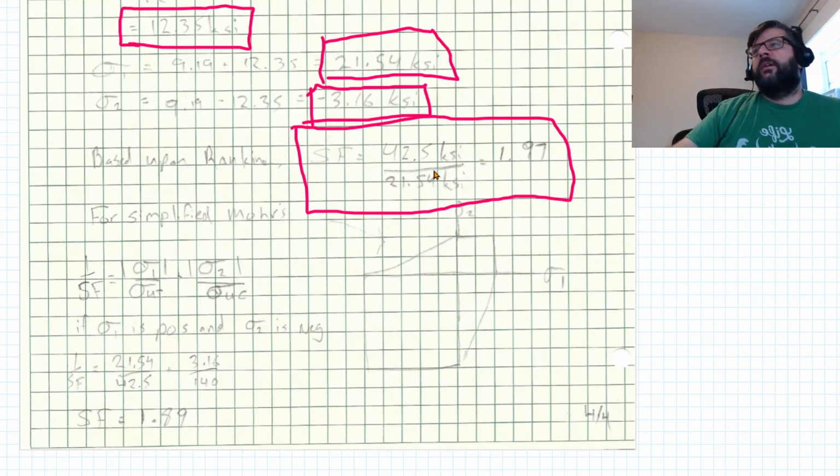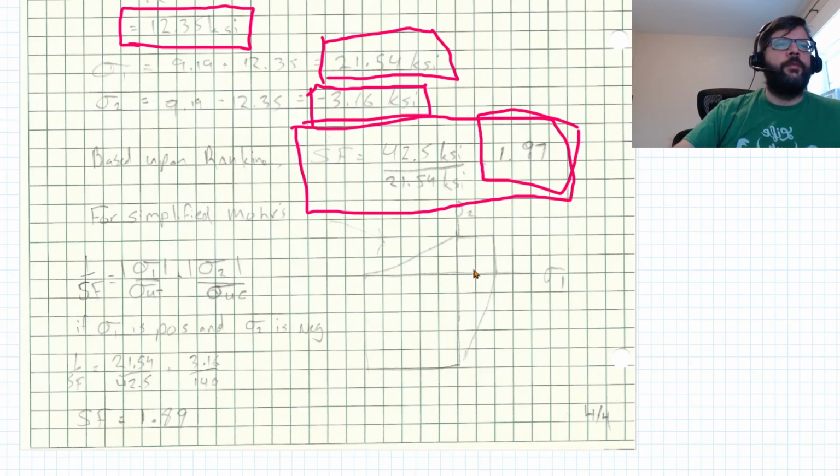So 42.5 KSI was the tensile strength of this cast iron. Divide that by the 21.54 KSI as our maximum tensile principal stress. Obviously we don't have a different tensile principal stress, but anyways, that'll give us 1.75.